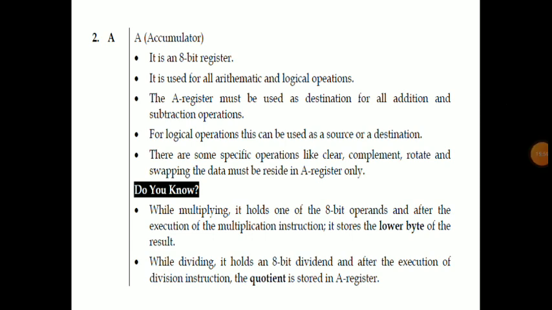And these are extra points. While multiplying, it holds one of the 8-bit operands, and after the execution of the multiplication instruction, it stores the lower byte of the result. Because when we multiply two 8-bit operands, we will get a result of more than 8 bits, right? So we will have the lower 8 bits, which we can call the lower byte, and the upper byte.